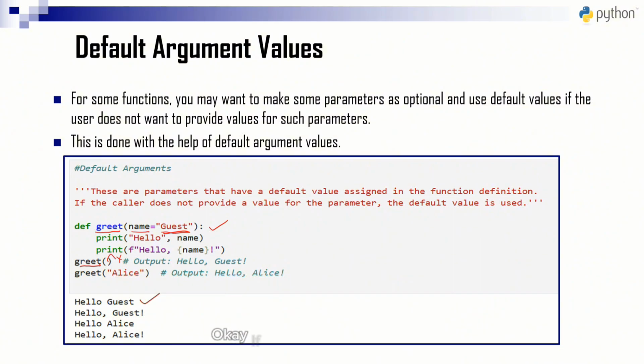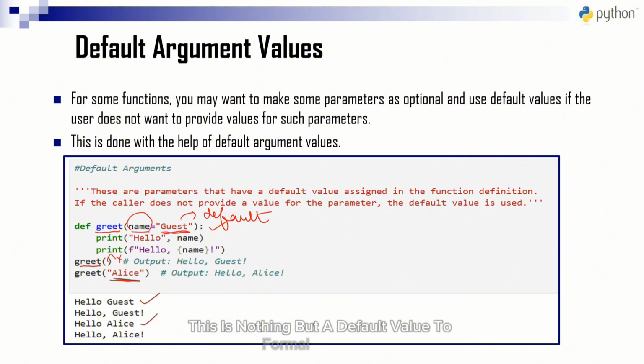Okay, if I am passing an actual value, this actual value will override this guest value and it will print hello Alice. So this is default argument values, in which I am giving a default value to a formal argument.